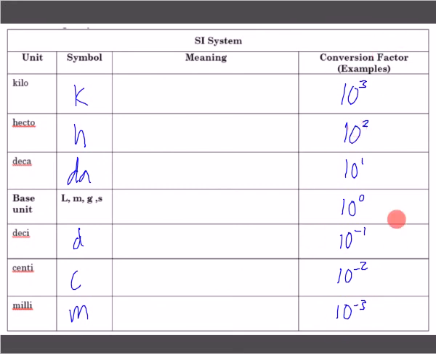These conversion factors here should really be written like this. 1 K, oh my goodness, you can tell it's a Friday, equals 10 to the third meters. 1 hectometer equals 10 to the second meters. Down here, 1 decimeter equals 10 to the minus 1 meters.